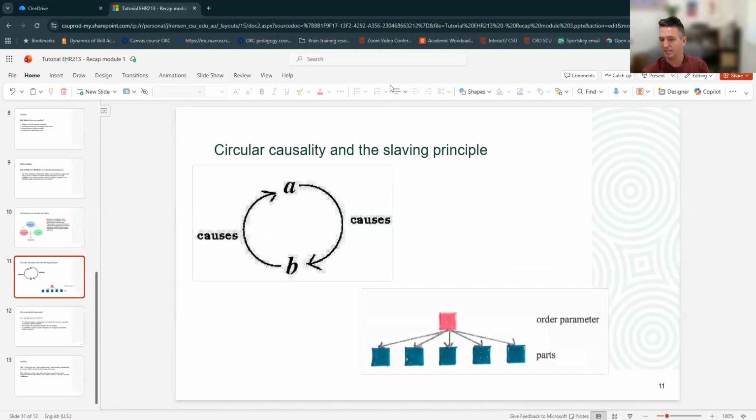And we already talked about this circular causality, and then the slaving principle, which was part of the course content, which really describes that process of self-organization. The order parameter or the particular behavior is influenced by its parts, and the parts in turn influence the behavior, so it becomes this circular causality or this feedback loop, which we already discussed.